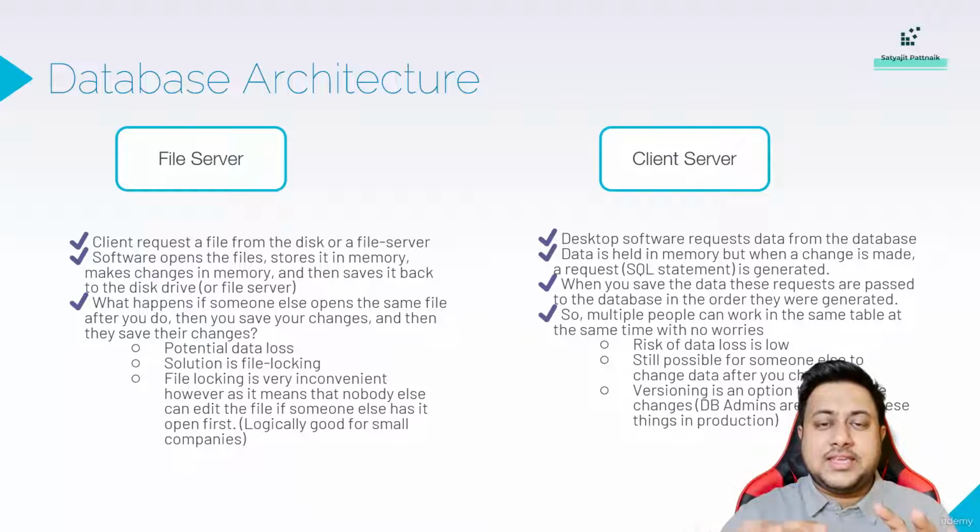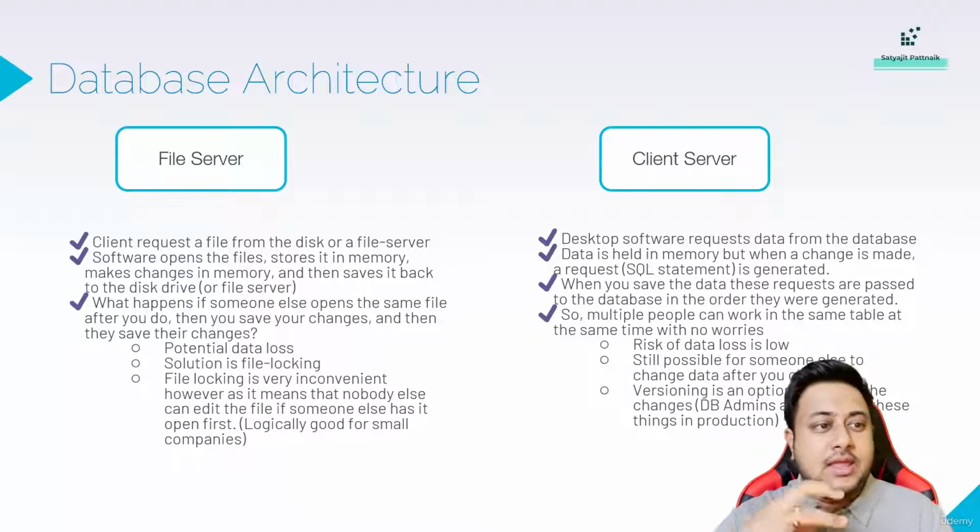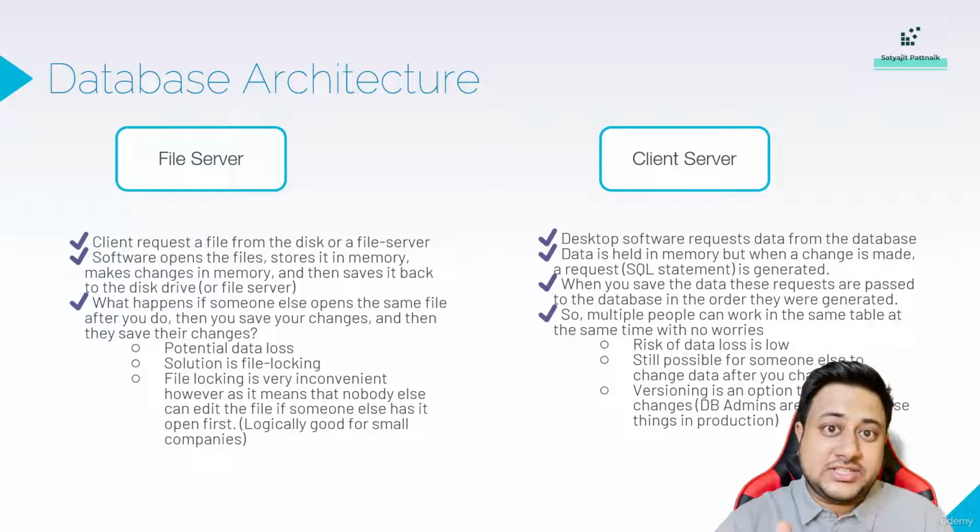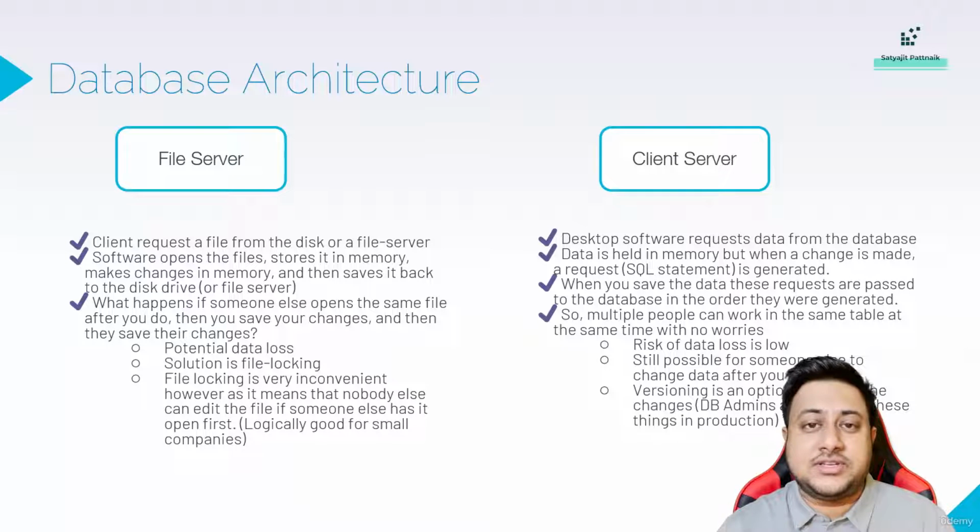So let's say you have a file system and there are 5 users using that file system. When one user is trying to open it, what happens in the background is the software opens the file, stores it in memory, makes changes in memory. Whatever you are doing, your changes are stored in memory and then saved back to the disk drive.